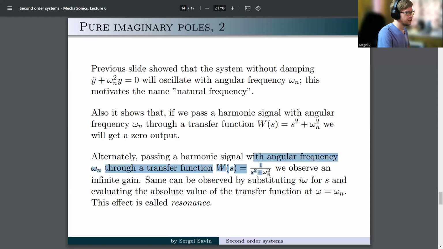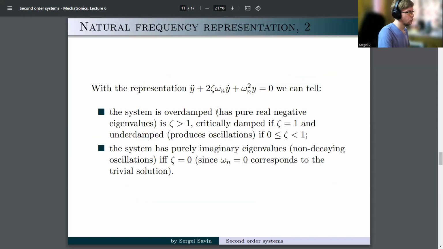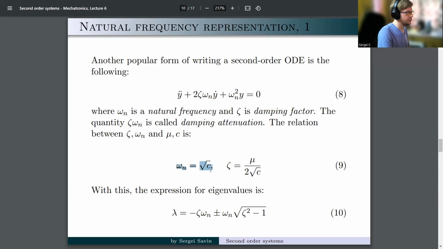You can consider transfer functions for the system, and you would find that the transfer function near the natural frequency explodes. The natural frequency, if you are uncomfortable with using these variables, can always be found like this, just the square root of your stiffness variable, right?